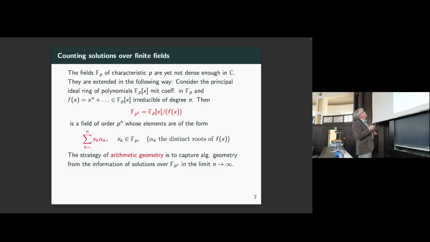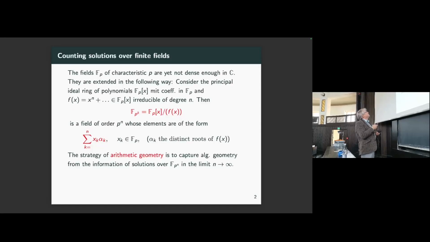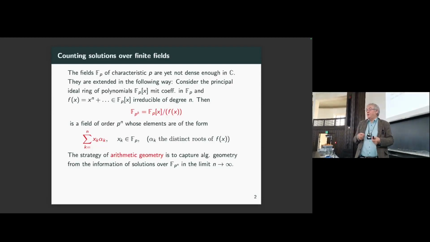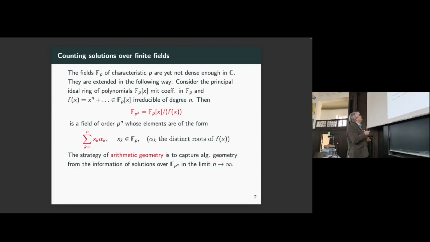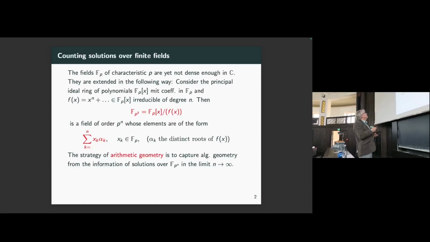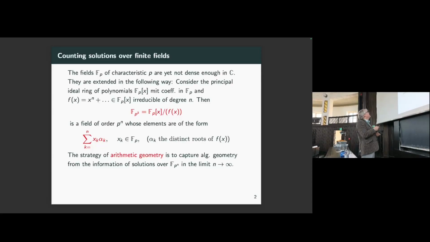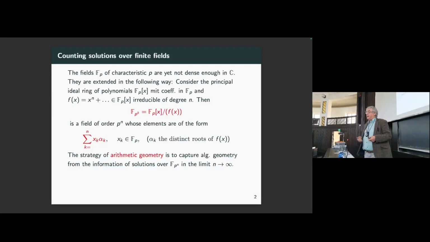And then you assume that this is irreducible, and then it has, of course, as many as n zeros. All these n zeros you add to your field, and an element of the field would look like a sum over k equals 1 to n, because it has n zeros. And these a_k are the distinct roots, so they are all algebraically independent.